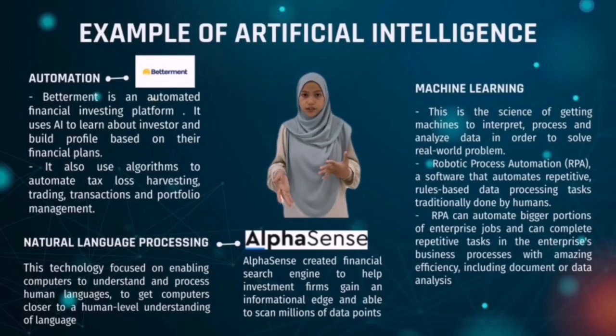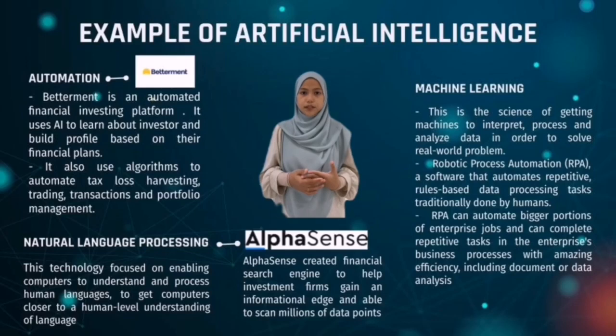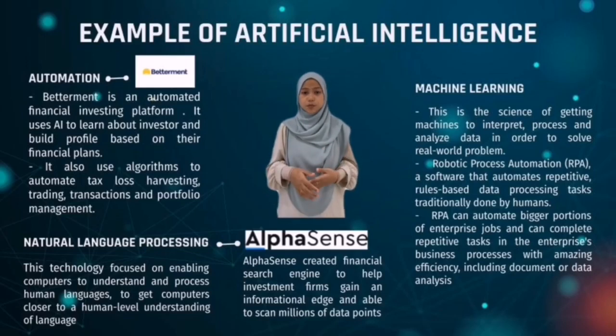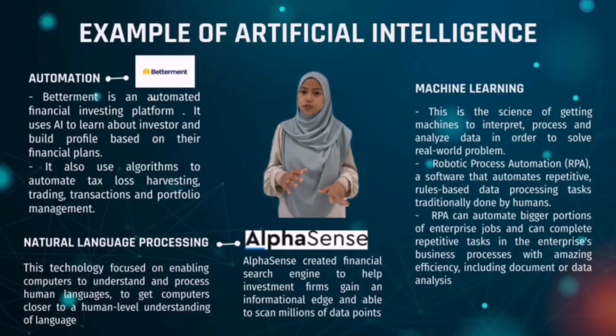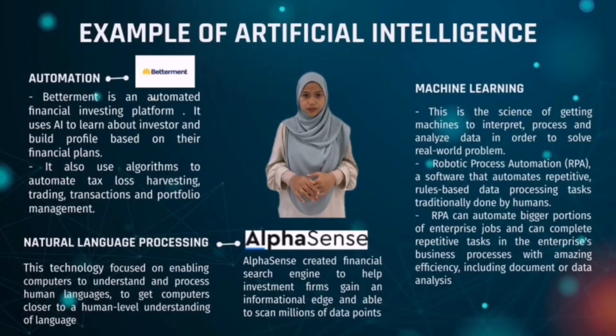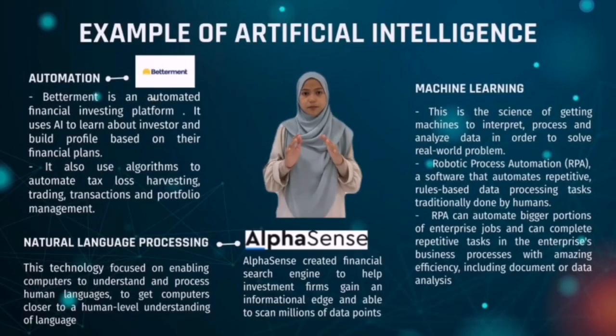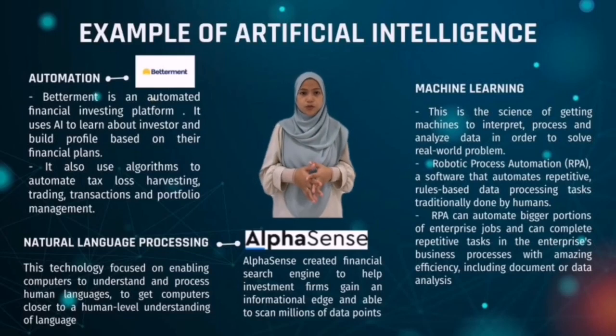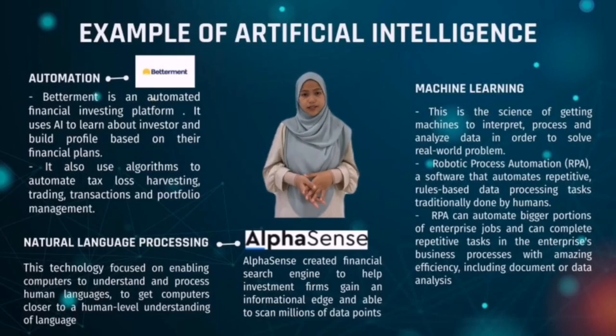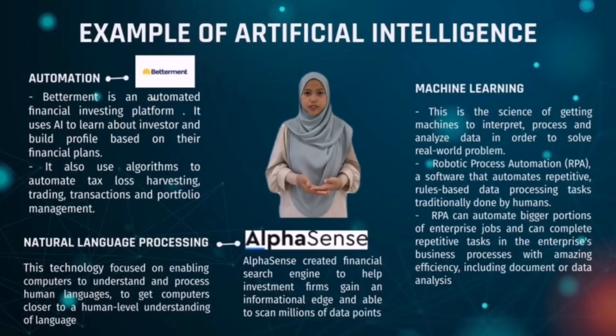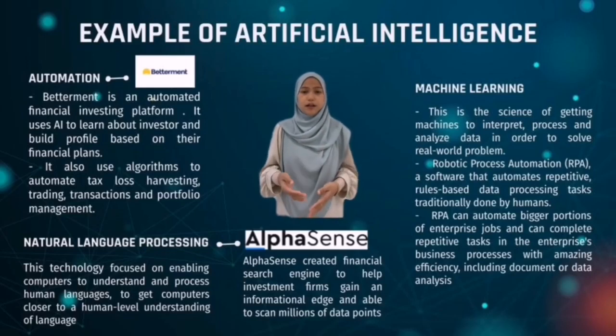Robotic process automation can complete repetitive tasks in the enterprise business process with amazing efficiency, including document or data analysis. So with RPA in place, the finance team can break free of getting bogged down by non-value added tasks. Instead, they can focus more on taking up strategy and advisory responsibilities.